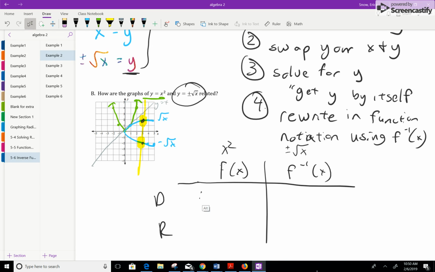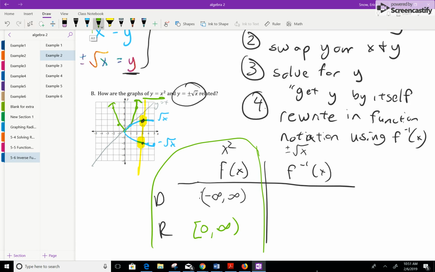Our domain is negative infinity to infinity, and our range, in the green there, is 0 to infinity.